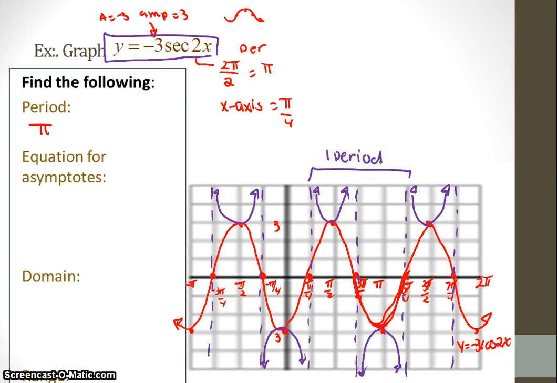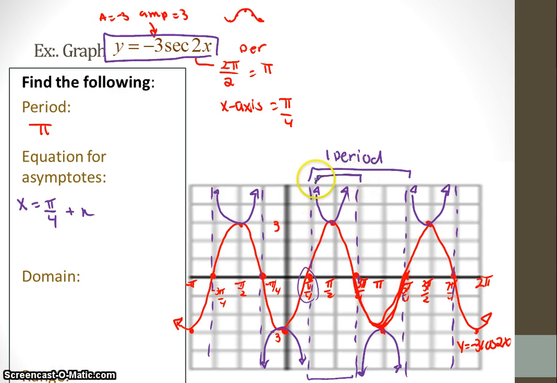Okay, so now we're going to write the equation for the asymptote. The equation for the asymptote is x equals, so we would look for the first non-negative asymptote, and that is at pi over 4. So the first non-negative asymptote plus n, it's always n, and then we look for the distance between your asymptotes, and the distance between the asymptotes would be half of a period.